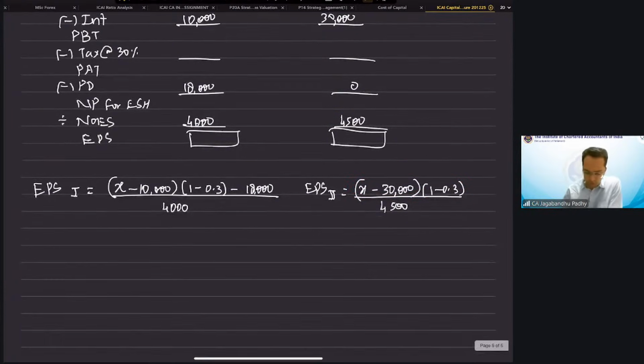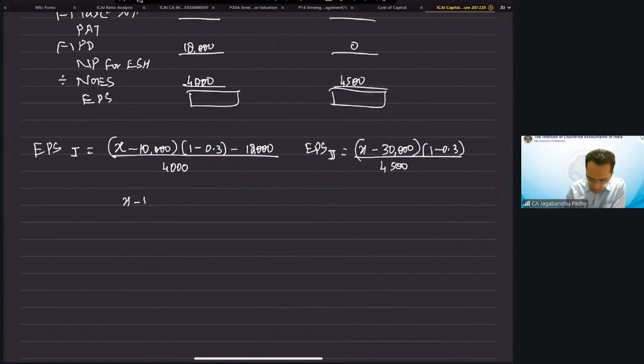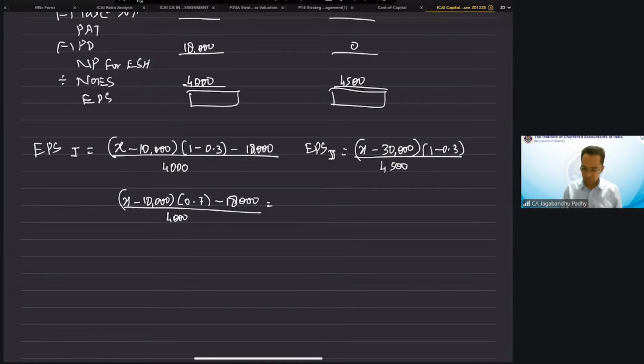And we have now the relation as EPS 1 and EPS 2. I can definitely equate both of them. X minus 10,000 into 0.7 minus 18,000 divided by 4,000 is equal to X minus 30,000 into 0.7 upon 4,500.